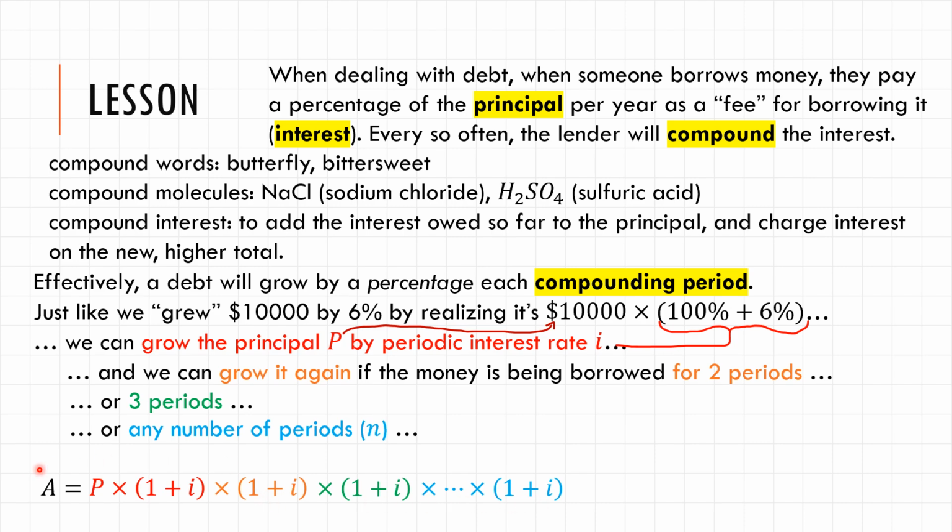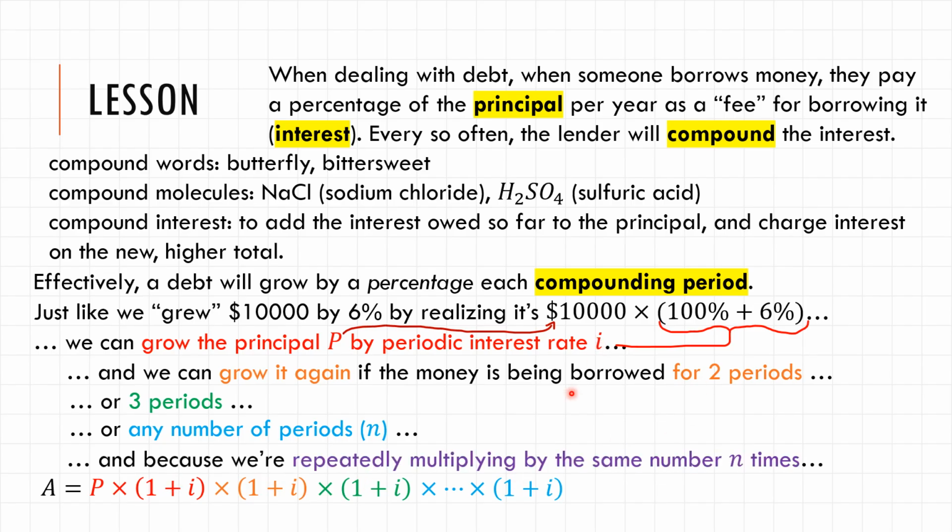Now notice over here, in this formula, we've started with the principal, we've grown it by i% n times, so we're always multiplying by the same number n times. This will therefore be an exponential relationship. We could just say P times 1 plus i repeatedly, a total of n times.